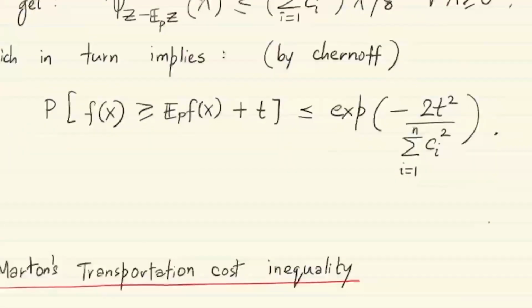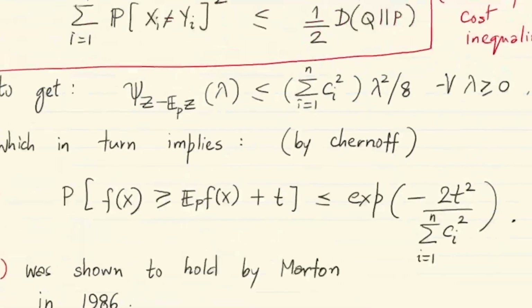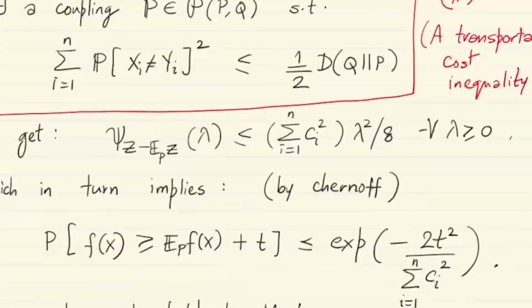So in fact, let us remark that this property, the existence of such a coupling star, was shown to hold for the first time by Marton in 1986, and there have been several developments after this in the use of transportation inequalities to bridge to concentration of measure inequalities.